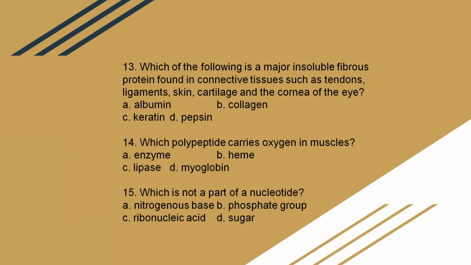A. Albumin, B. Collagen, C. Keratin, D. Pepsin. 14. Which polypeptide carries oxygen in muscles? A. Enzyme, B. Hemi, C. Lipase, D. Myoglobin. 15. Which is not a part of a nucleotide? A. Nitrogenous base, B. Phosphate group, C. Ribonucleic acid, D. Sugar.